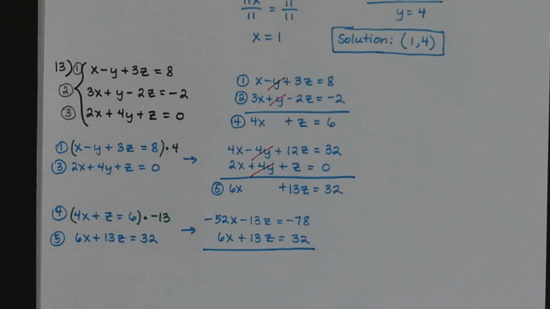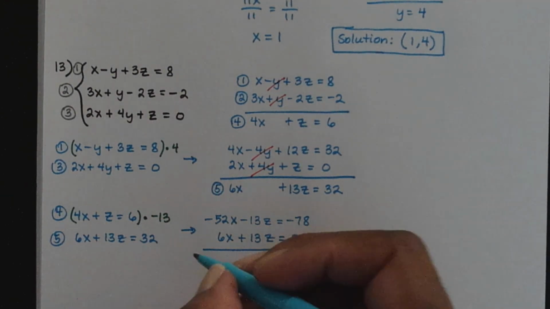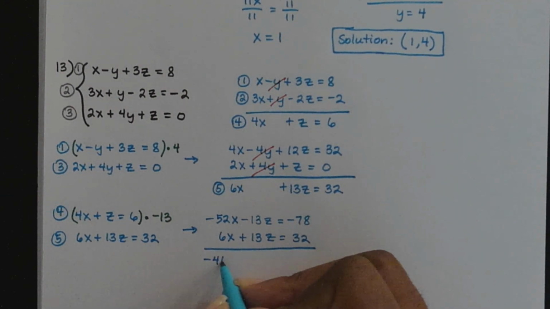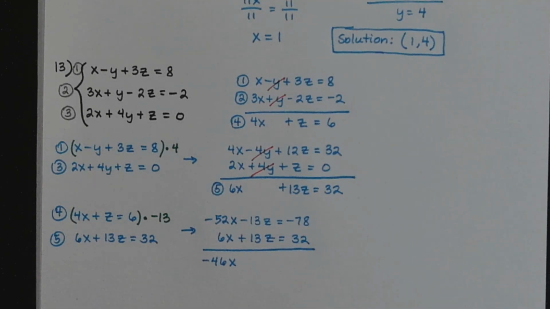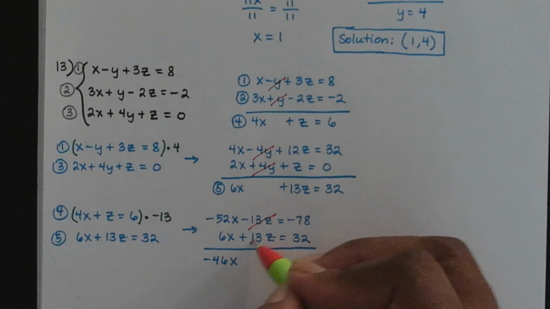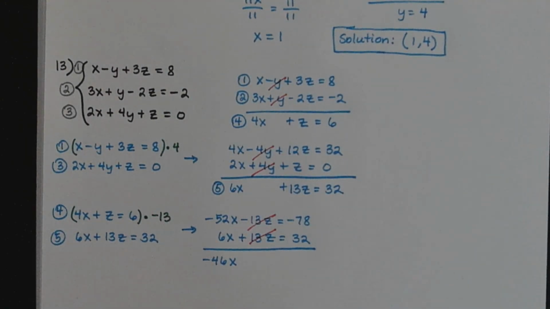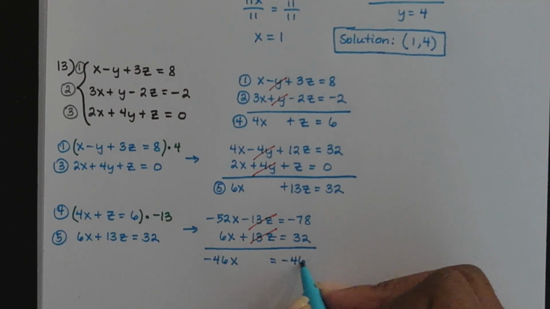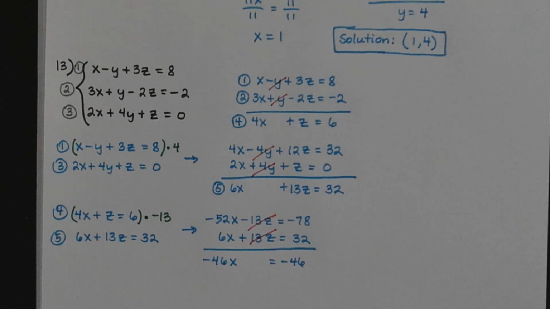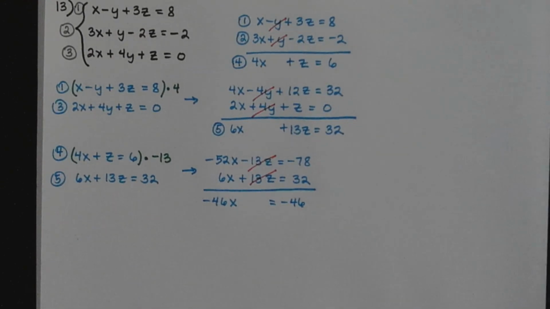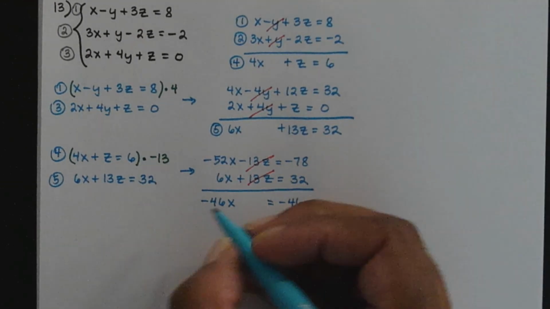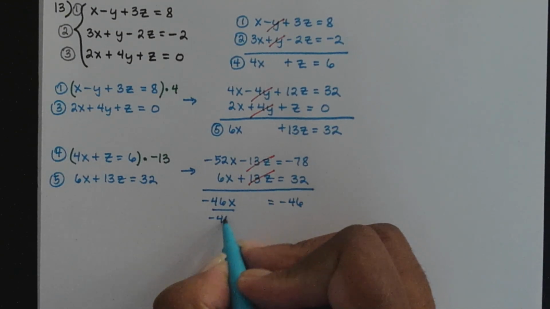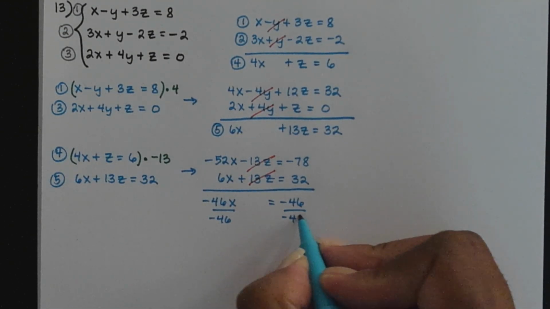All right, so if I add those two equations together, what's 52x plus 6x? I mean negative 52x plus 6x. Negative 46x. The 13z's are eliminated, and that's equal to negative 78 plus 32. Negative 46. Well, we got negative 46x, that's equal to negative 46. That means x has to be equal to what? 1. So now we know what x is.